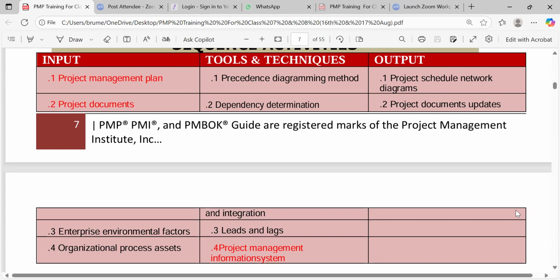These are mandatory dependency. So we use dependency determination to determine the kind of dependencies that we have there. Then we define the dependency, that those dependencies are constraints. The team must know that discretionally they would not go and write before they want to research.